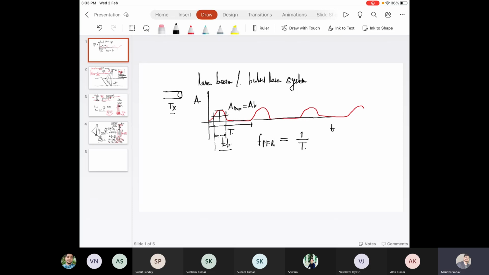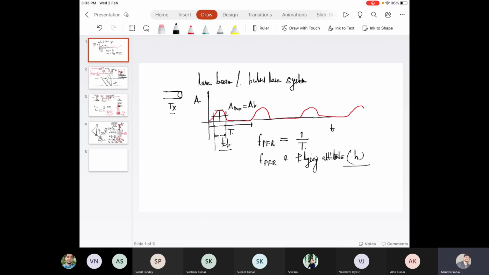Now we analyze what is the relationship between the pulse firing rate and flying altitude. Let's say that is height h. At what height the aircraft is flying. Is there a relationship between these two parameters, or they are independent?